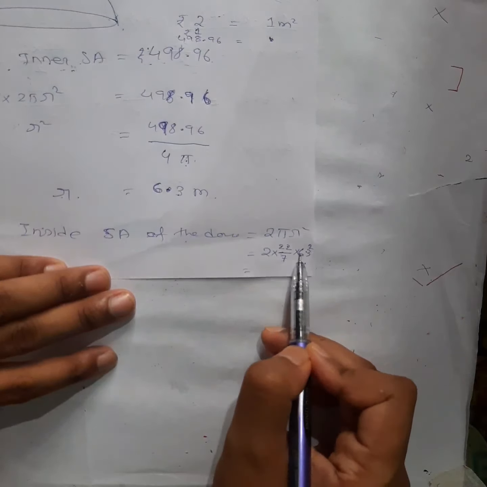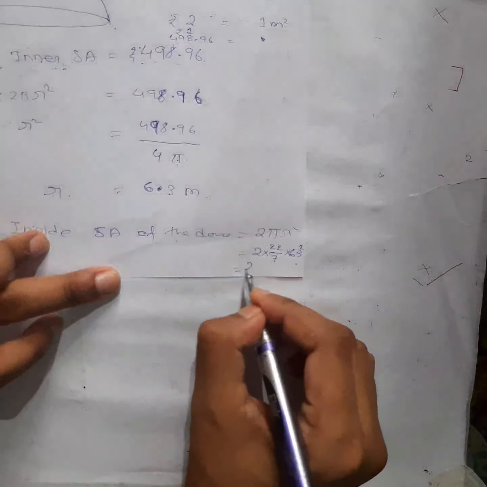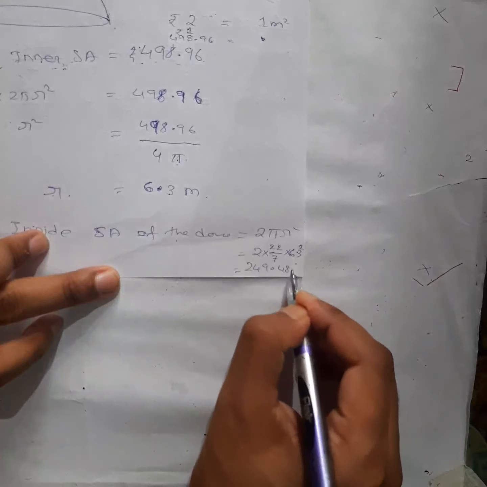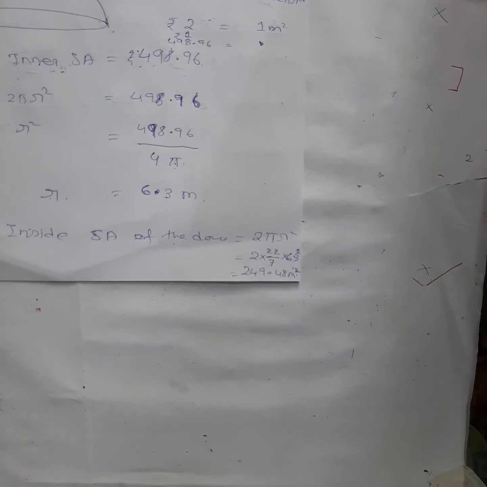Now it's square, remember, 6.3 two times you have to write. If you solve this, you will get 249.48 meters square. It's surface area, so the unit will be meter square.